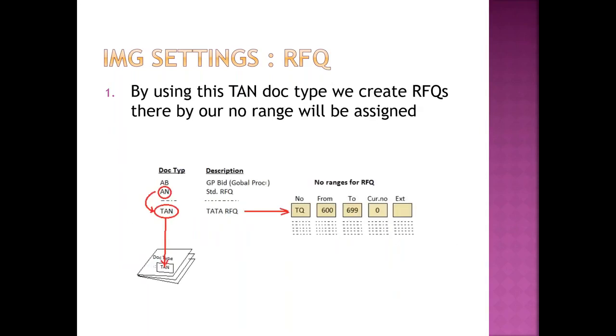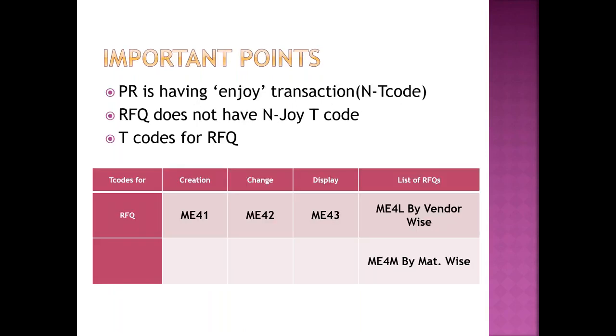Then we will hand over this information to the end user, the typist in the purchase department. That person's job is to prepare the RFQ, attach the address and everything. Understand, sir? This is the RFQ method and the consultant's job in the backend. How to create RFQs, the T-code, all of that is going to be done by that end user in the purchase department.